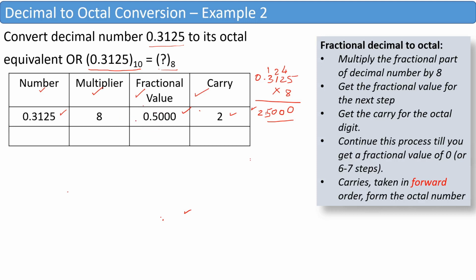So we will copy this value 0.500 into the first column, and again continue with the multiplication by 8.